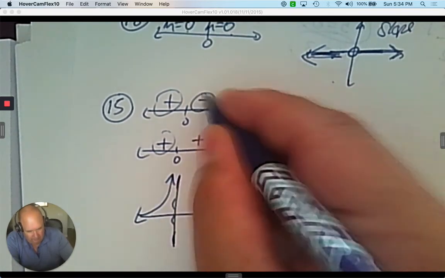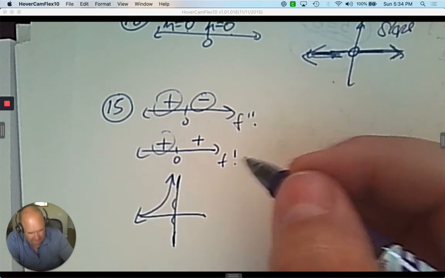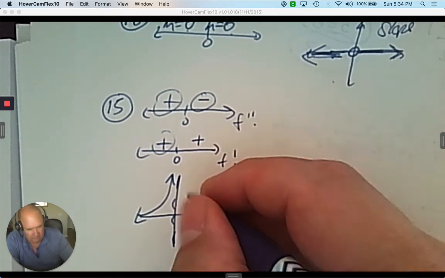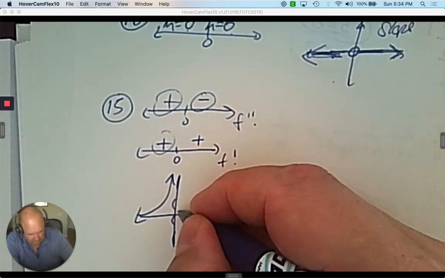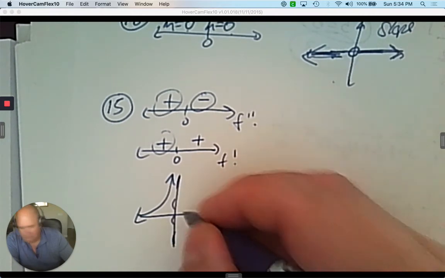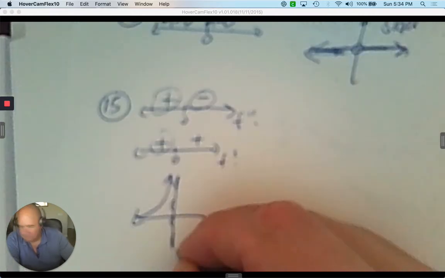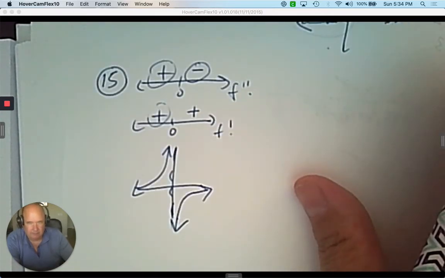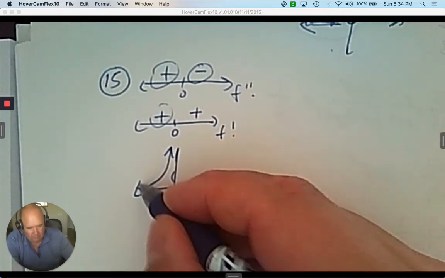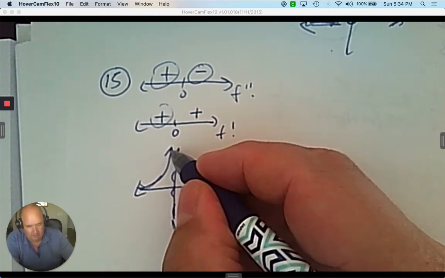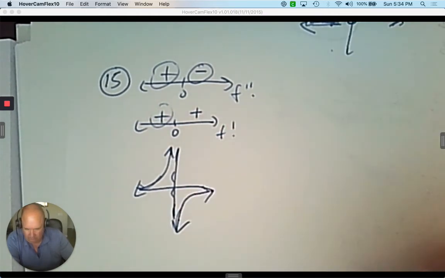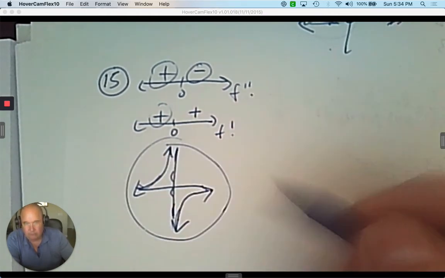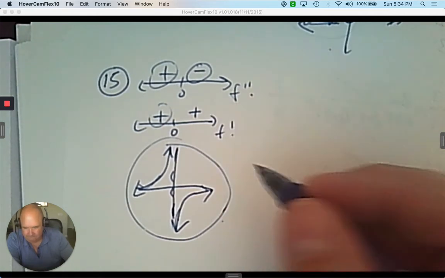This one is concave down and increasing. So that's a possible graph of what it could look like. It matters that this picture matches these number lines.